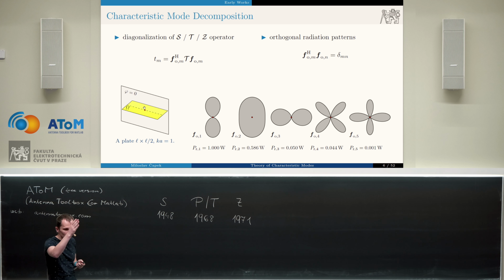Finally, the picture completely changes if we look at the right figure here, and if we consider the decomposition of the Z matrix. That we can do with some method of moments code. So we get a Z matrix and we decompose it like here. Then the lambda eigenvalues are real valued, so we cannot plot them in the complex plane, but we can plot them like here.